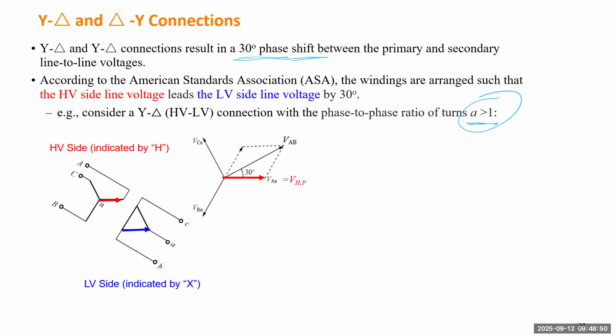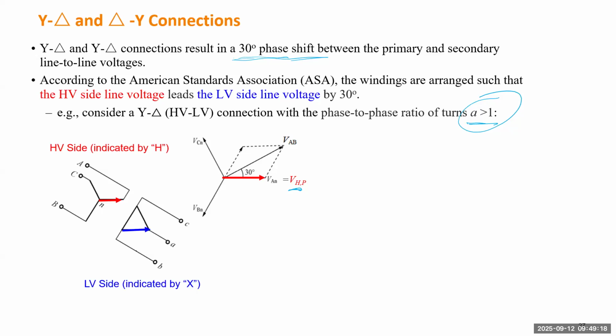Okay. So now we draw the phasor diagram. To draw the phasor diagram for the high voltage side, we have VAN, VBN, and VCN. So ABC here are all capitalized because they mean the high voltage side. Each VAN will be equal to the high voltage side phase voltage.